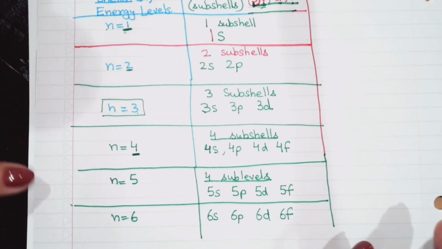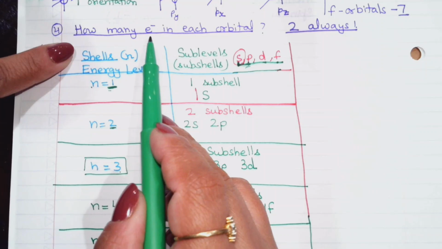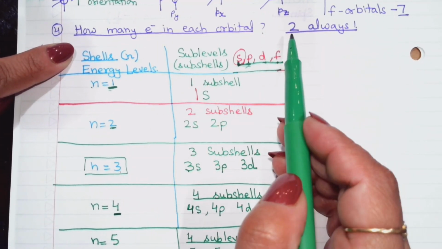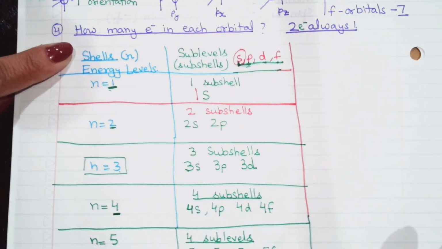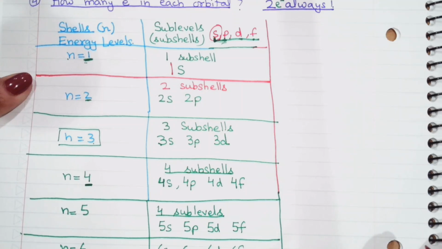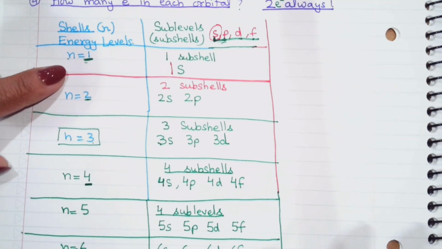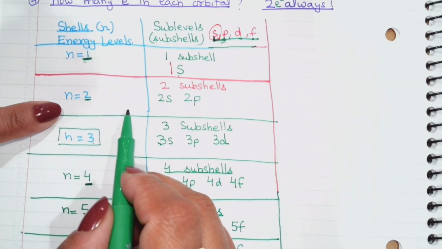Right? Now we know that each orbital can have only 2 electrons. Right? Now let's count how many electrons each sublevel and each energy level will have.